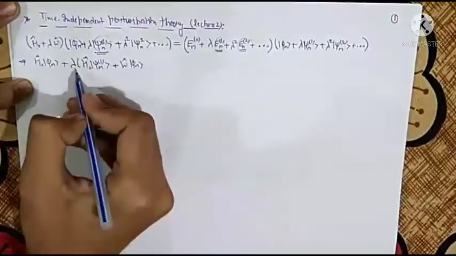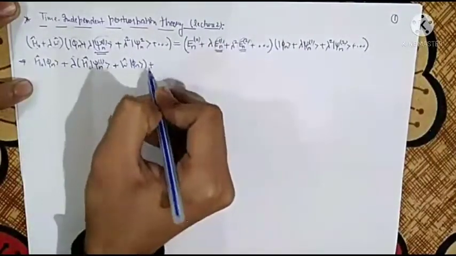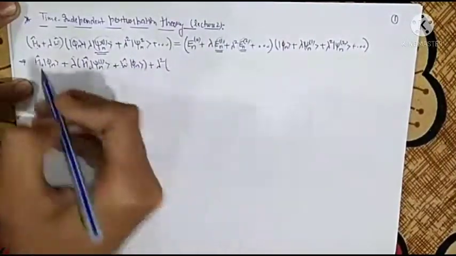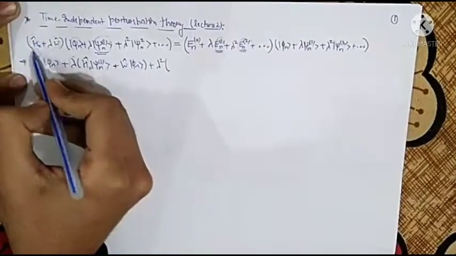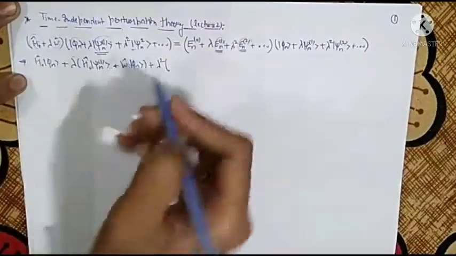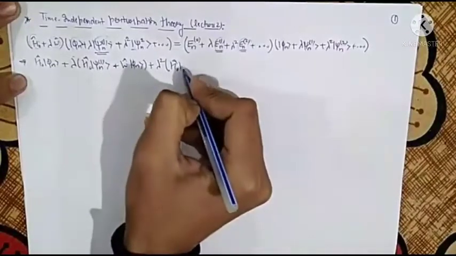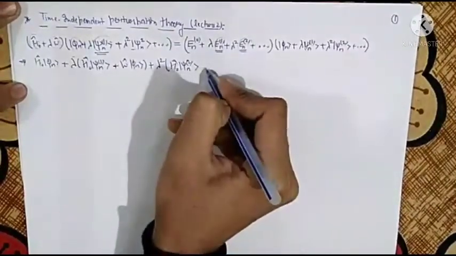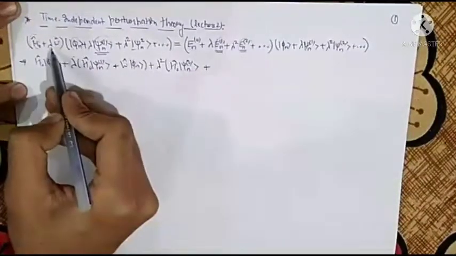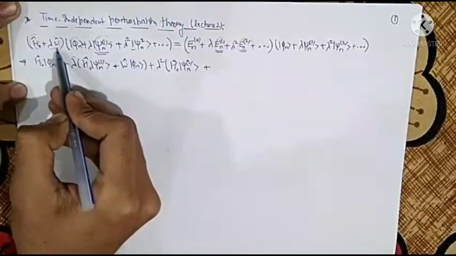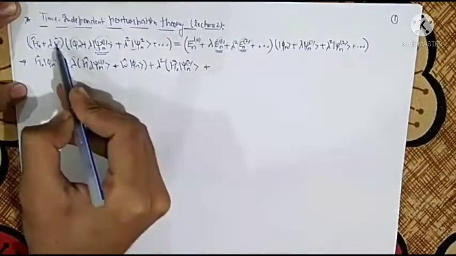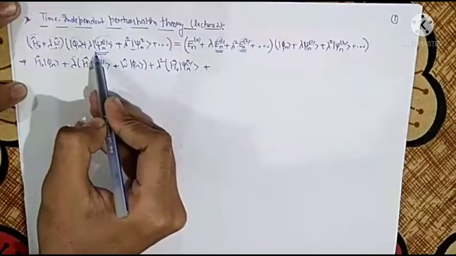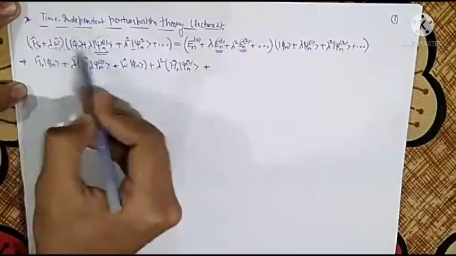phi n, and there will be lambda times that, plus lambda square, and it is H naught acting on this particular state, so H naught acting on psi 2, and this W has to act on this particular state to get lambda square.